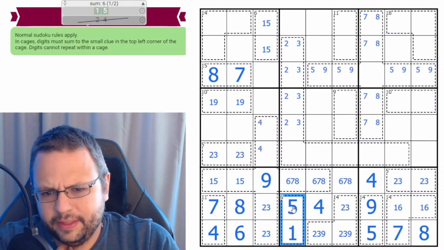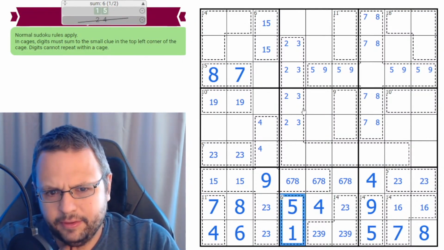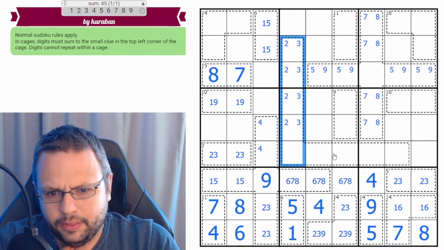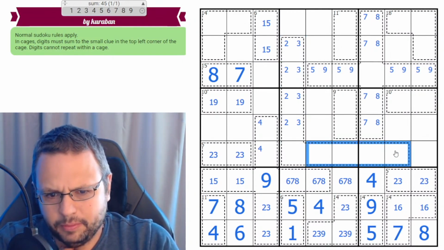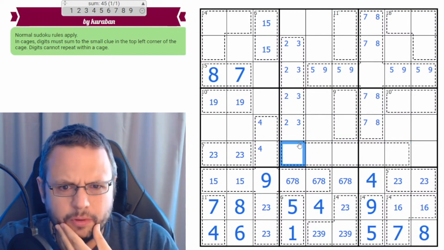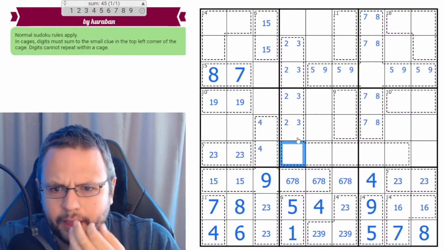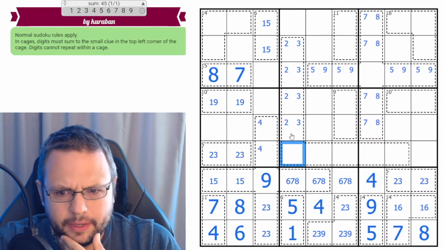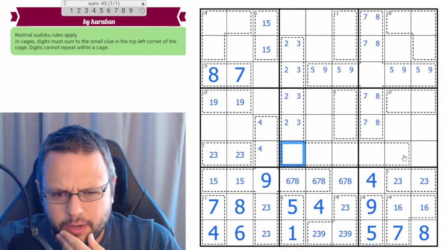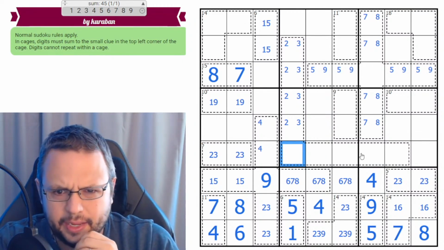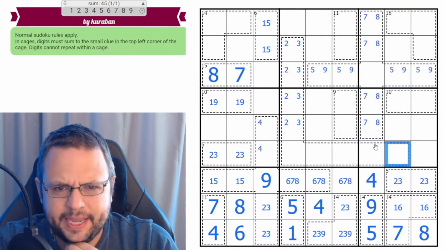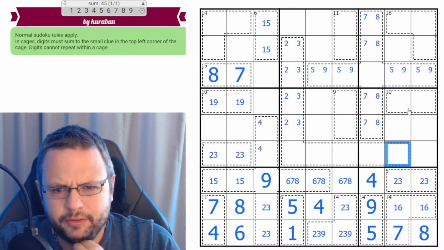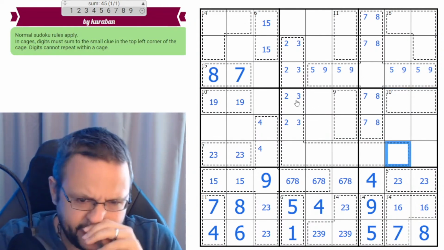When I filled in this 1 and this 5, I did learn that the 1 and the 5 can be pencil marked over here. I don't know if that's worth pencil marking yet. I probably should be looking at something else. Let's see. I've got to somehow break into this 10 cage by using some of this propeller stuff or something, I think.